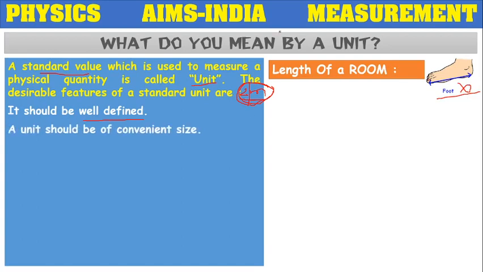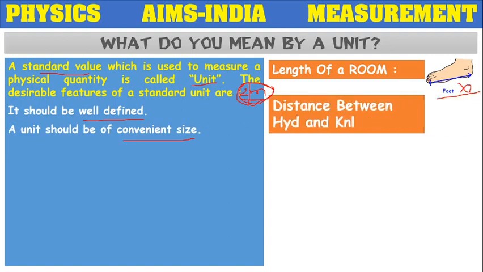A unit should be of convenient size. Suppose I want to measure the distance between Hyderabad and Kurnool with the help of a hand span. Is it possible? Hyderabad to Kurnool is somewhere around 200 kilometers. The 200 kilometers we cannot measure with a value like a hand span.